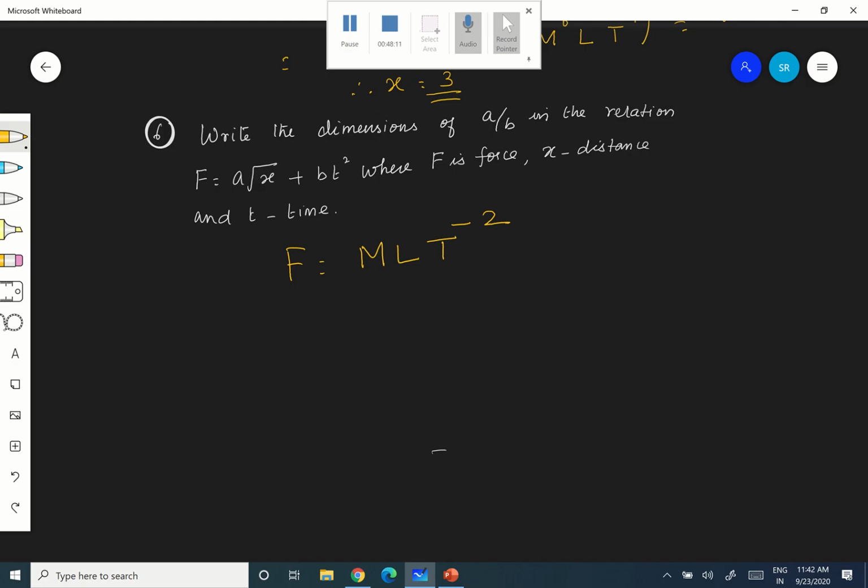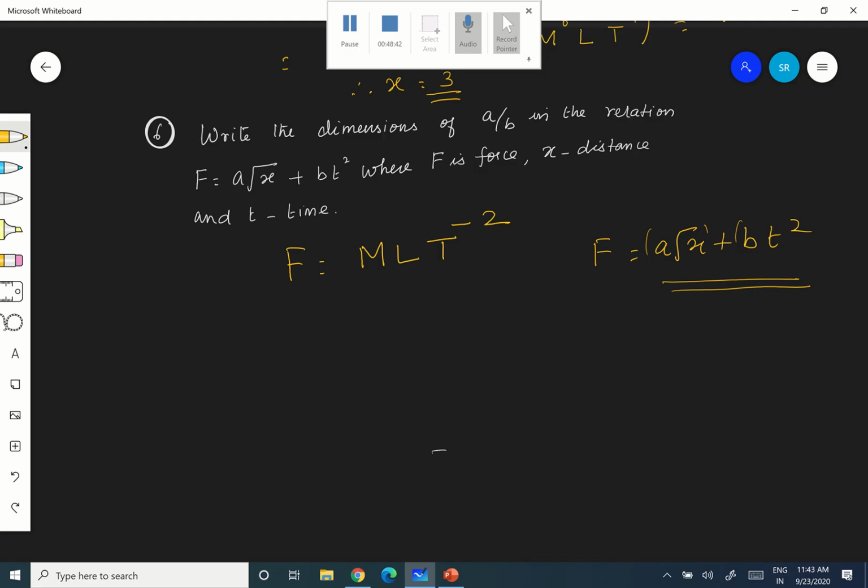Therefore, given f is equal to a root x plus b t squared. Since f is equal to something, here also it should be force only. Force cannot be equal to length or any other physical quantity. LHS force means RHS should also be force. If you take first term and second term, both should be force, because force can only be added to force.